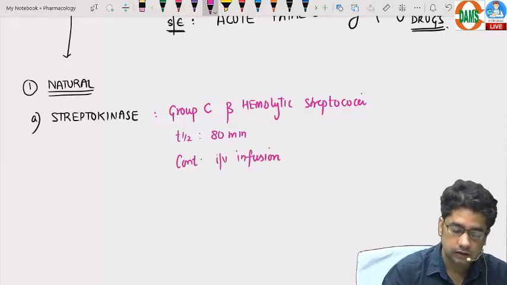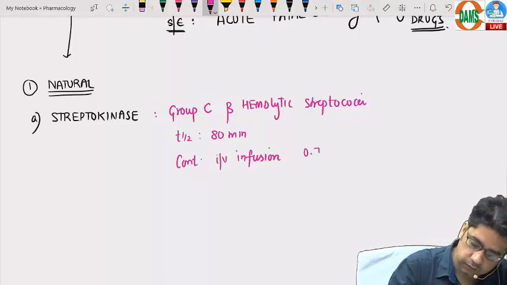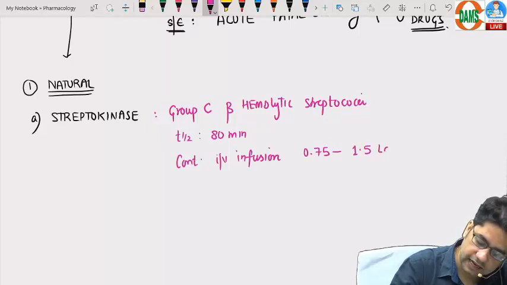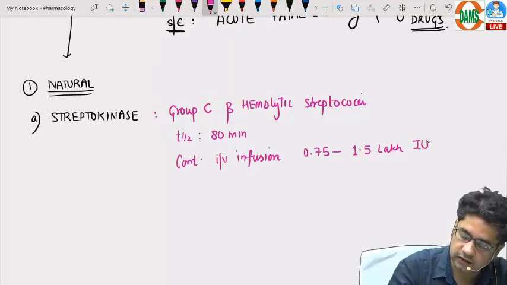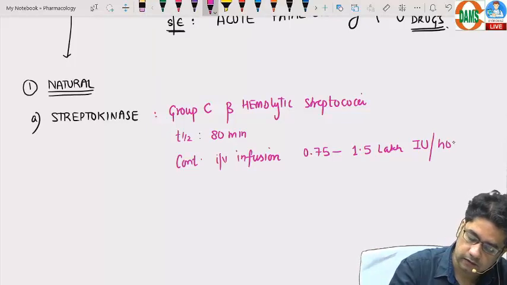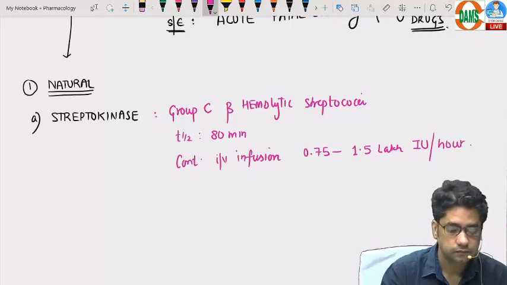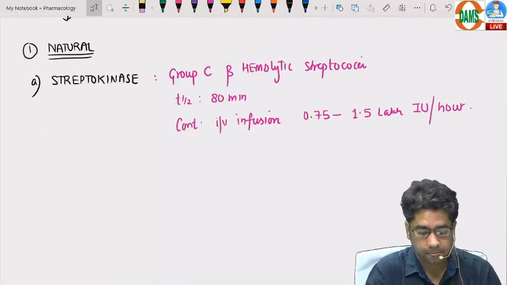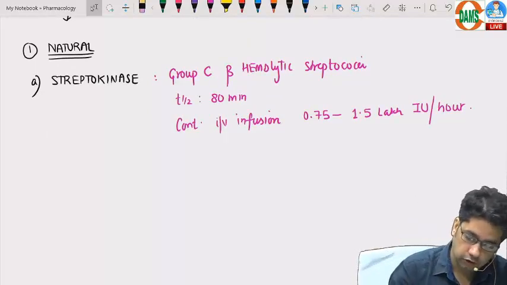Okay, the dose is 0.75 to 1.5 lakh international unit. Anything which is obtained from some natural source, we write a unit, international unit, per hour. Drawback.